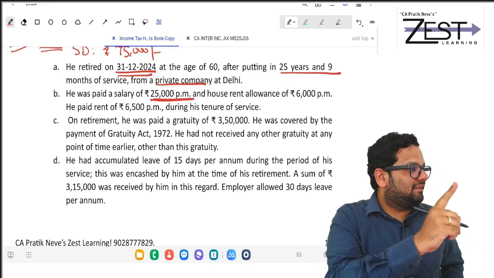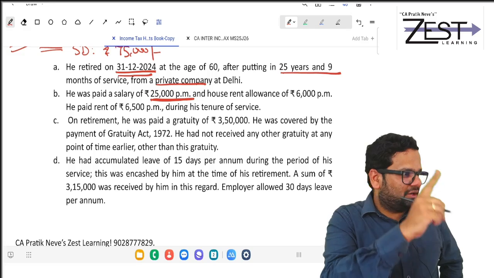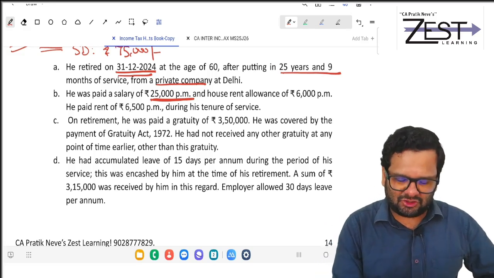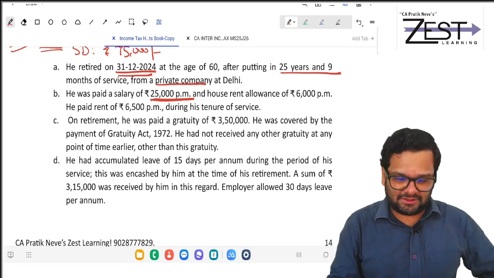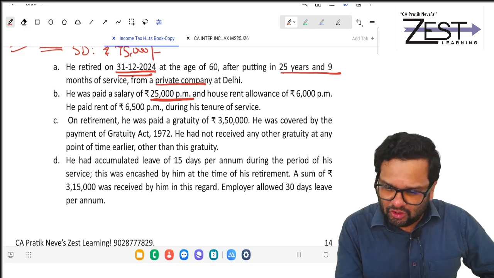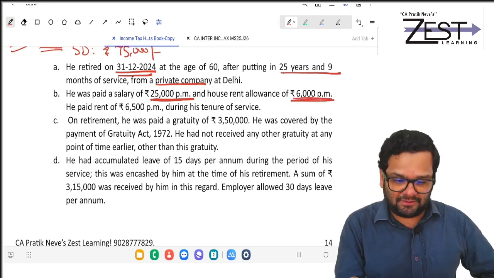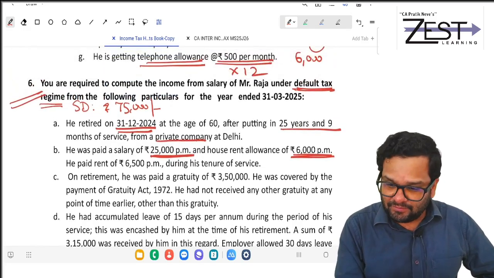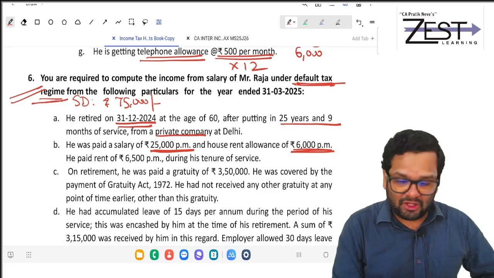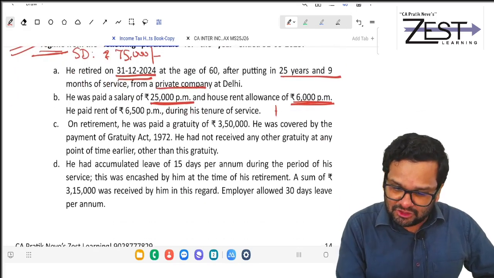1st April 2024 to 31st December 2024, for these 9 months. And HRA of 6,000 per month. But mind you, he is paying tax under the default tax regime. So don't take HRA exemption.